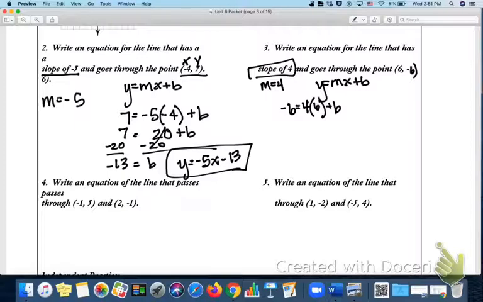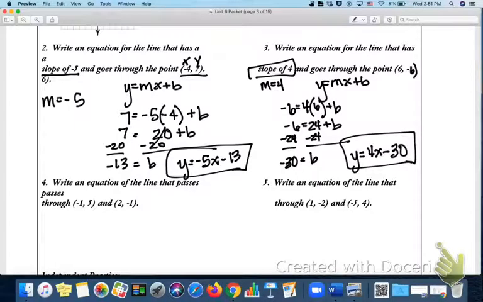Negative 6 is equal to, 4 times 6 is 24. So negative 6 equals 24 plus b. Get b by itself, subtract 24 from each side, and b equals negative 30. Again, we need to rewrite this. We're not quite done. We have the slope and the y-intercept. So let's replace those in the slope-intercept formula. Y equals 4x minus 30.